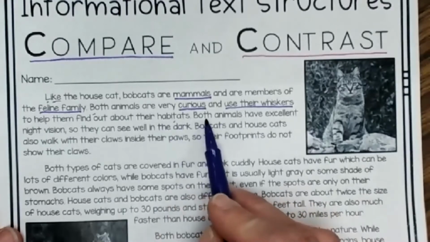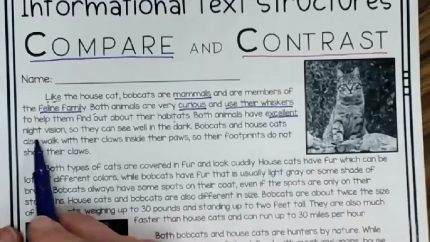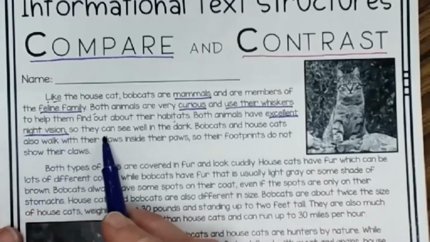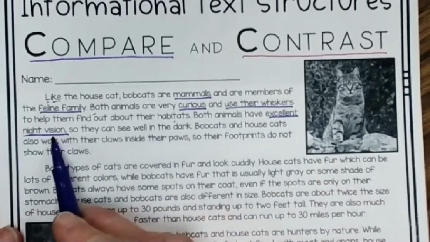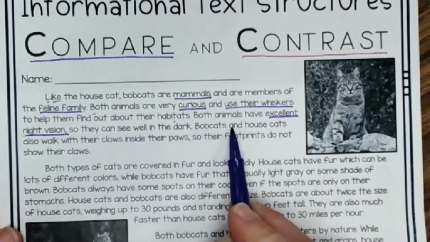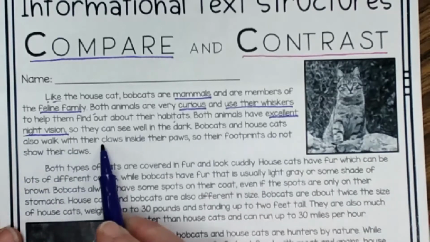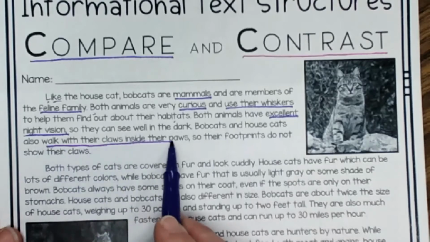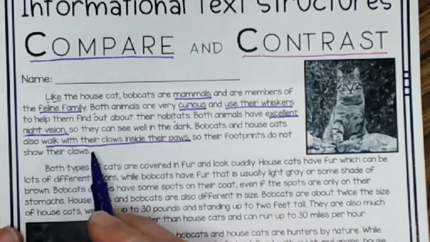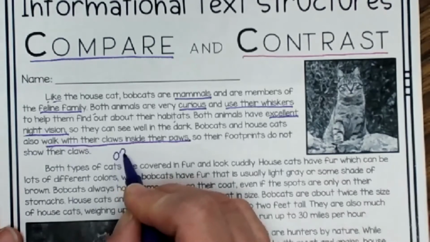Here I see the word both again, so he's still comparing. Both animals have excellent night vision, so they can see well in the dark. So vision has to do with seeing. There's my context clue. Bobcats and house cats, so still comparing, also walk with their claws inside their paws, so their footprints do not show their claws. So I'm going to just draw a little footprint here.